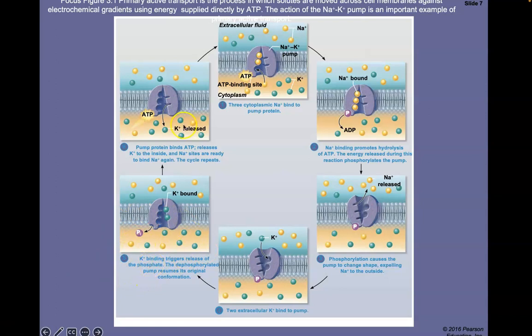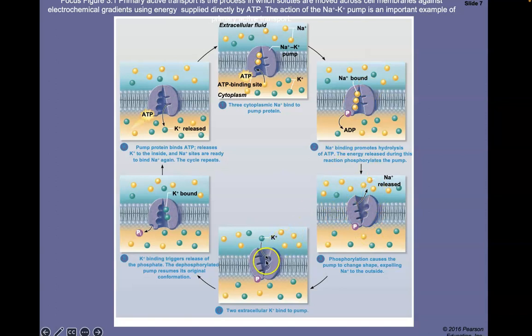So what I want you to think of is, again, this sodium potassium pump is going to be open to the inside of the cell, okay? You can picture this little triangle open to the inside of the cell. Boom, it's going to bind 3 sodium, then an ATP is going to come phosphorylate it, and then pop, it's going to open up, undergo this conformational change, and pop, open up to the outside of the cell, okay?